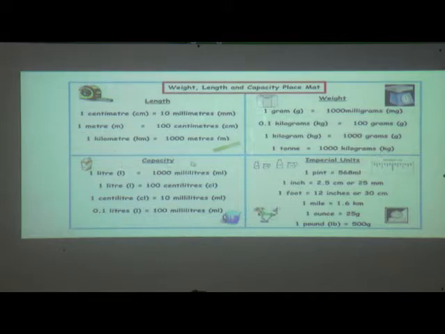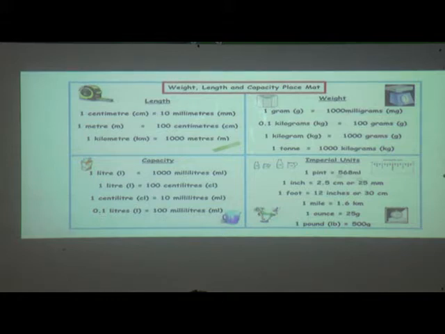Again for the capacity, 1 liter is equal to 1000 milliliters, 1 liter is equal to 100 centiliters. Again 1 centiliter is equal to 10 milliliters, 0.1 liter is equal to 100 milliliters.